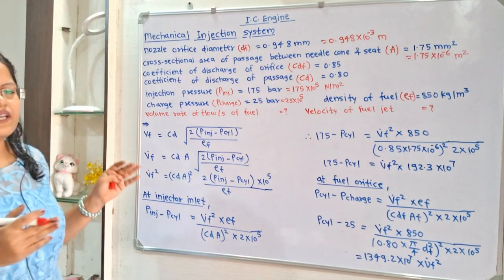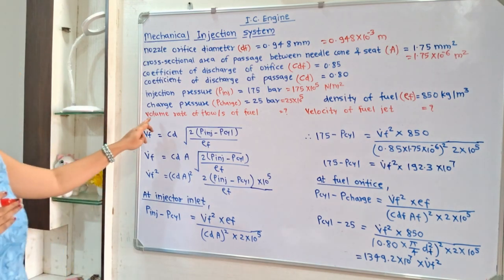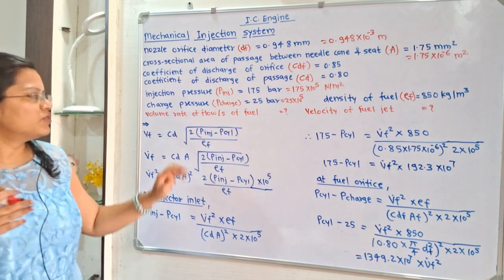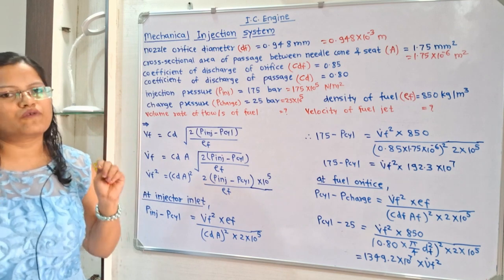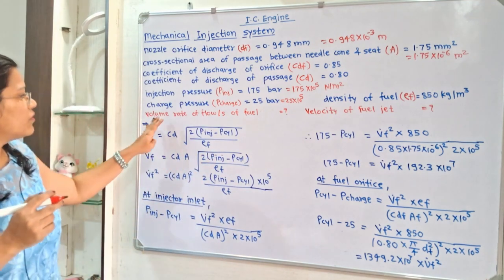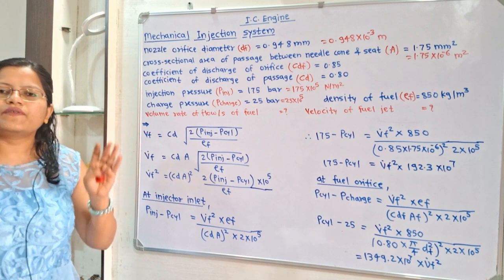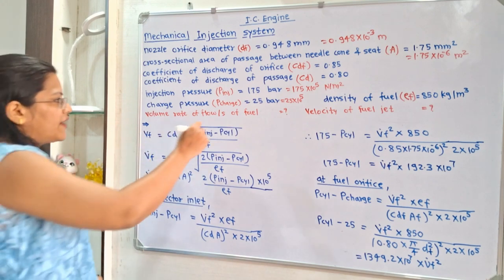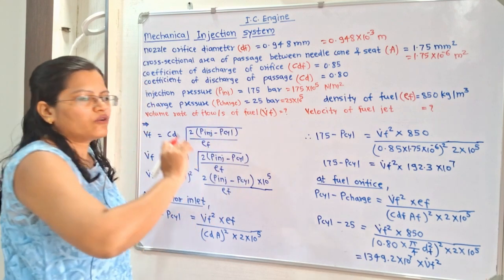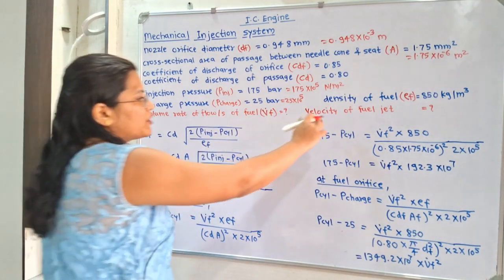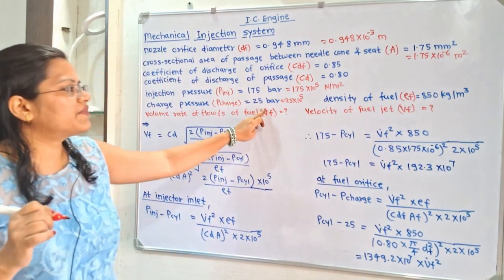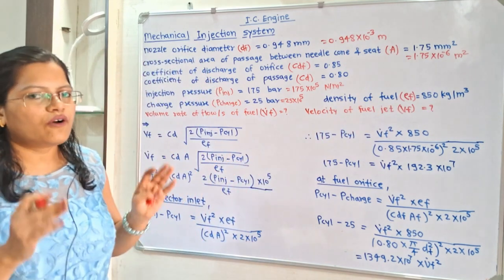So this is the given data, and from it we have to find the volume rate of flow per second of fuel, as well as the velocity of the fuel jet. For volume rate of flow we will use the notation V dot F, which we have to find out, and the velocity Vf. Why have we used V dot here and Vf there?